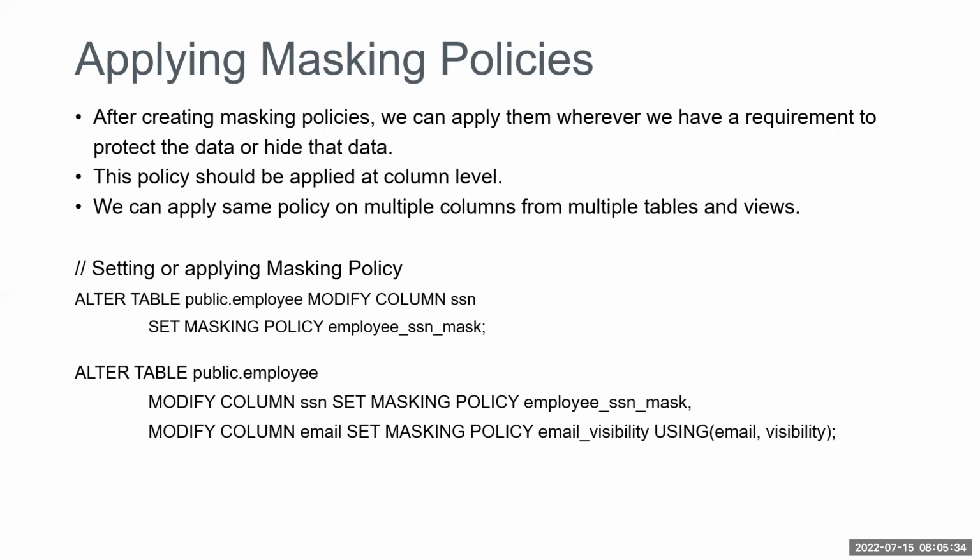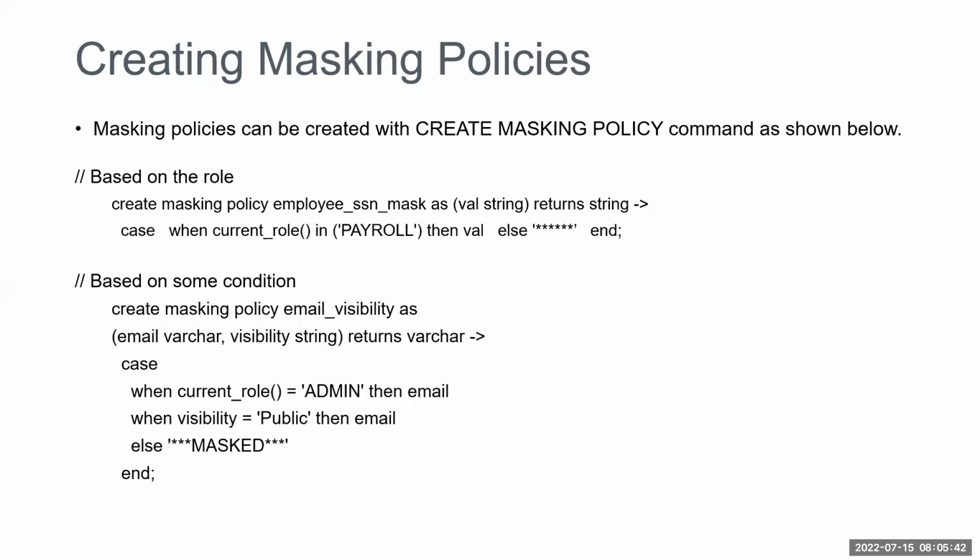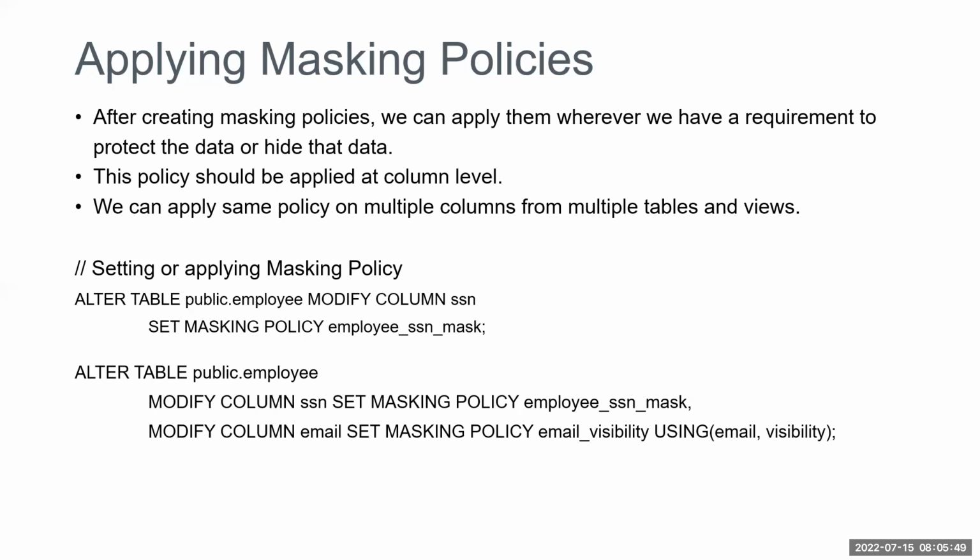If I have a similar requirement, where maybe the name column contains the SSN, you can create a policy with a general name and apply it on the same table, on two columns also. There is no restriction on that. So we can apply the same masking policy on multiple columns of the same table or multiple columns of different tables and views.